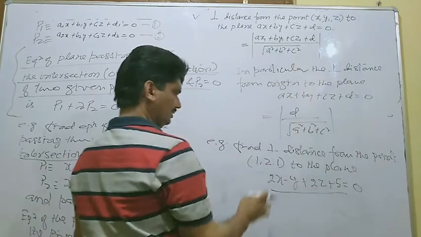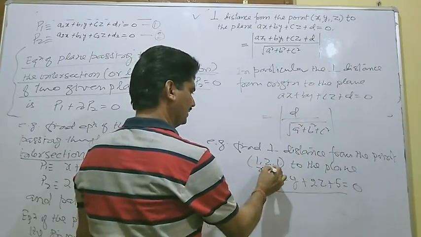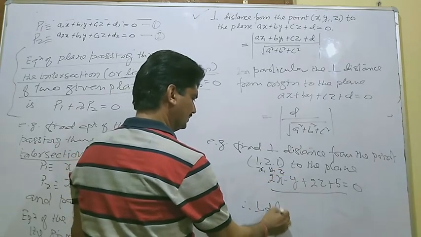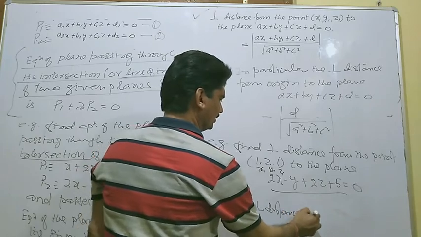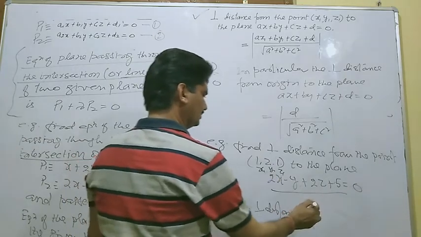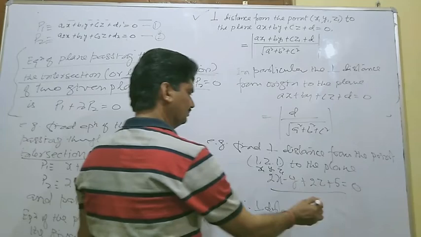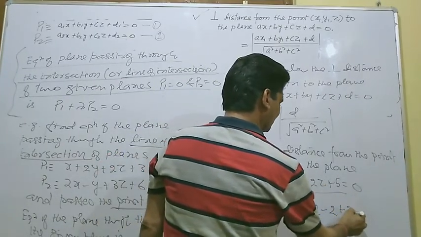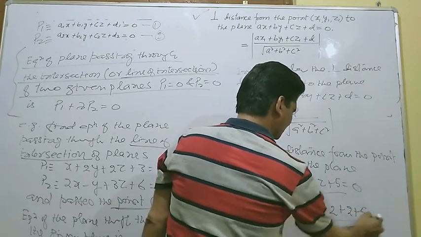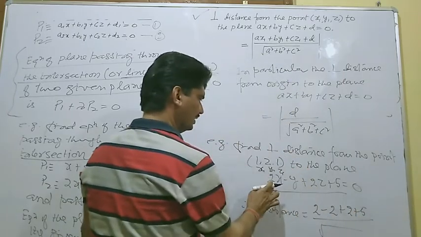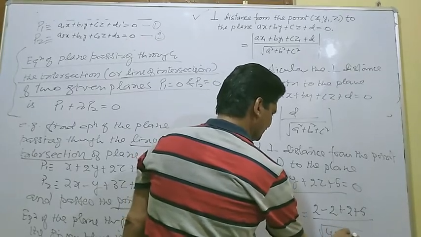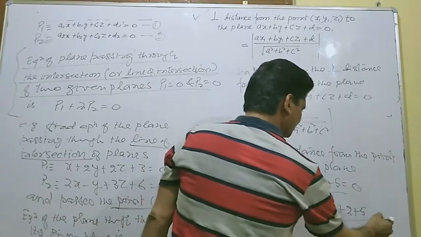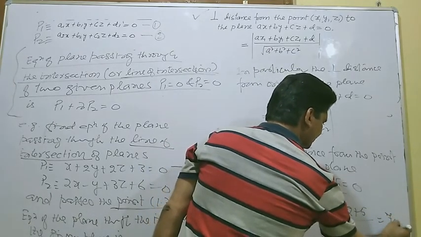The formula becomes, therefore the perpendicular distance equals ax1, that is 2, and this is minus 1, and this is 2, plus 5, upon under root a square, that is 4, plus b square plus c square. So it comes to 7 upon 3 units.